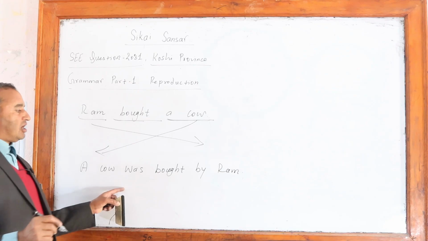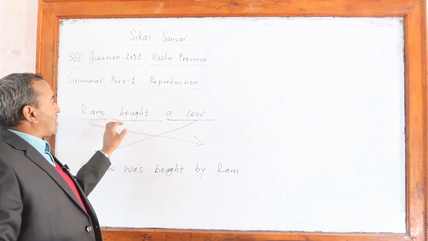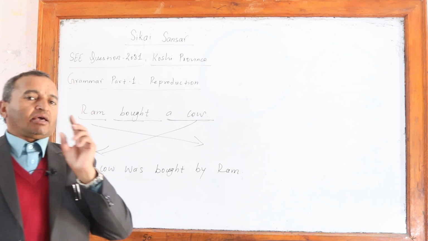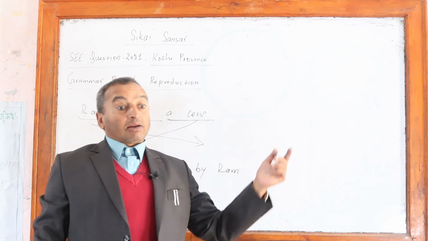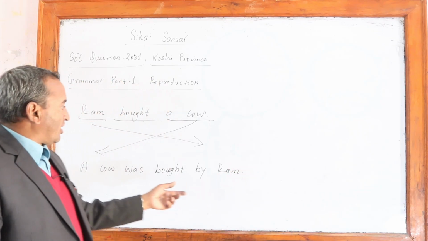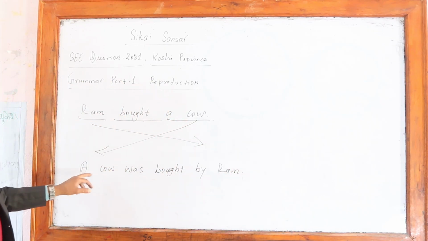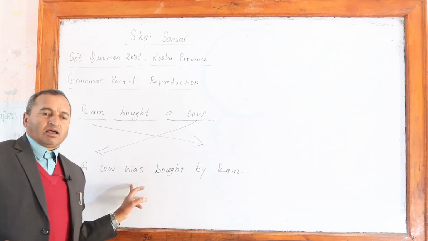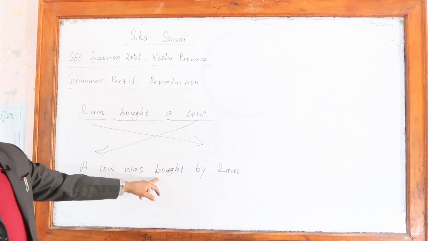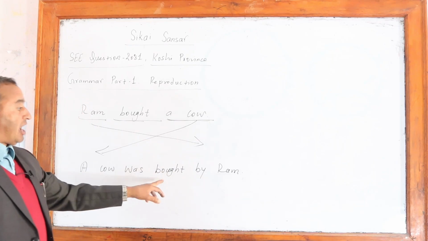A cow was bought by Ram. It happens because "Ram bought a cow" is in simple past tense, and while changing this sentence into passive voice, the object becomes the subject, a cow, and then the be verb is "was", and then verb 3, the past participle form of "buy", and "by" is used here.